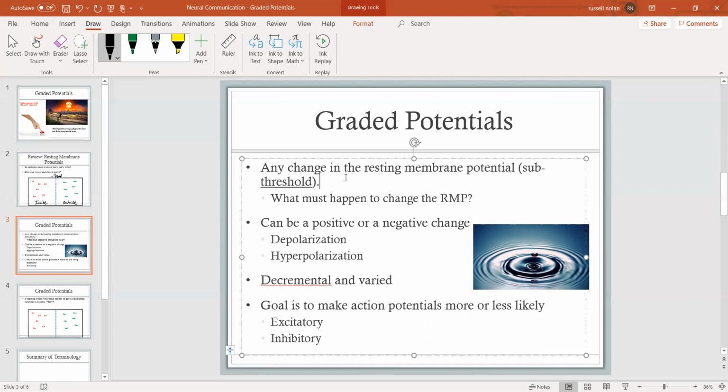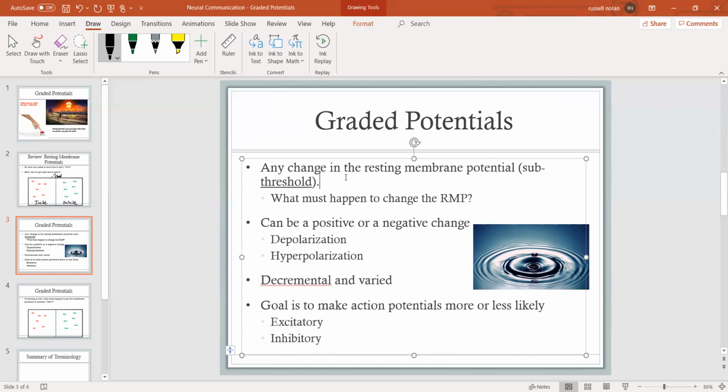It was the fact that those gated channels are closed so the ions remain separated. So if a graded potential is any change in the resting membrane potential, then to change it, we need to move the ions or one of the ions. To move the ion, we have to open the gate. To open the gate, we're talking about chemical gates, you must have a neurotransmitter.